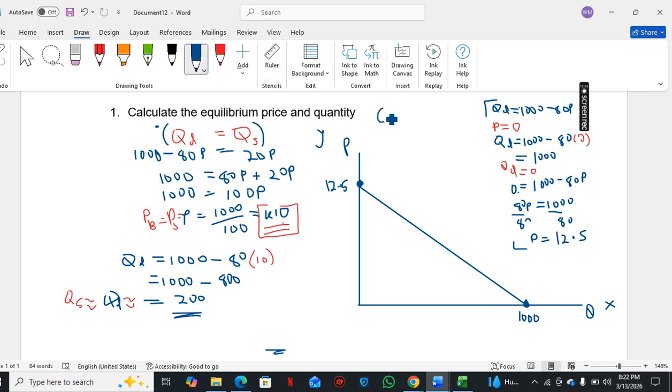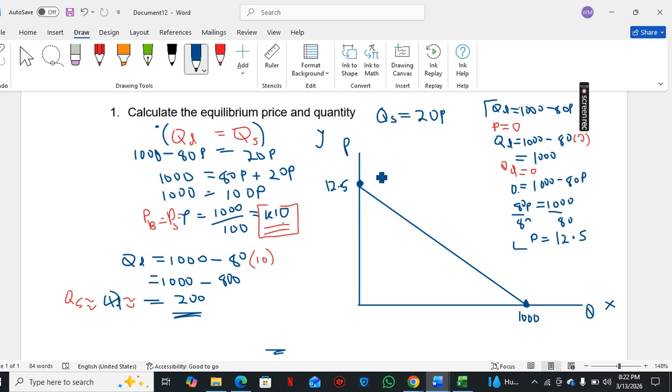Supply function is QS equals 20p. Okay, QS equals 20p. Right.